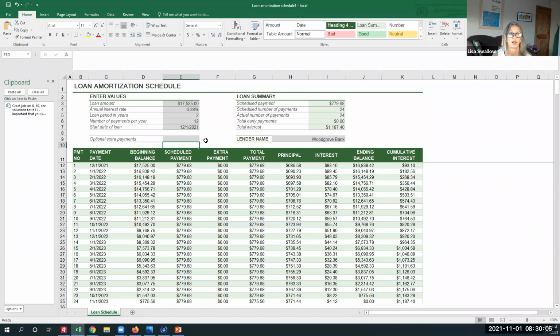Next question. How much am I going to still owe after I've made my 10th payment? What's my balance after I've been paying on this thing for 10 months? So take a second and go find that.